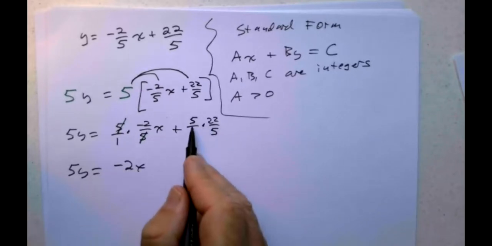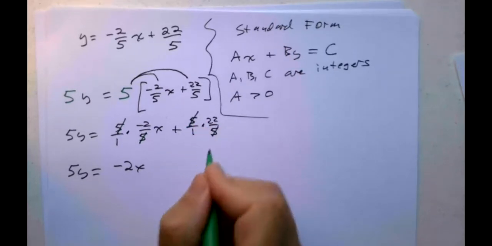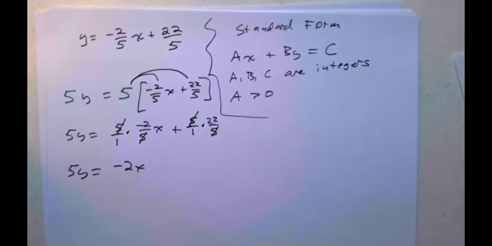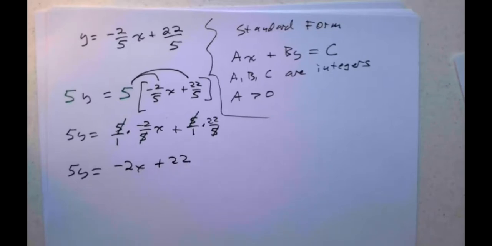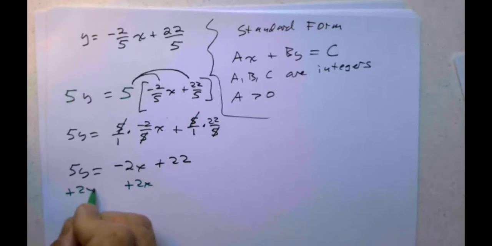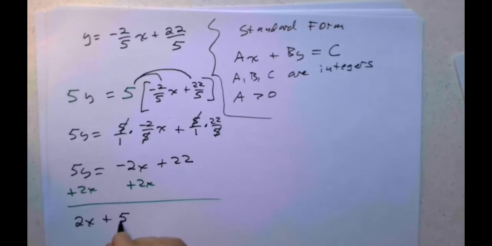You could do 22 times 5, that's 110, divided by 5, but certainly it's simpler to divide the top by 5 and the bottom by 5. That becomes 1 over 1, and I get 22. Then let's add 2x to both sides. Write it in standard form. The x has to come first. So in standard form, that would be 2x plus 5y is 22.